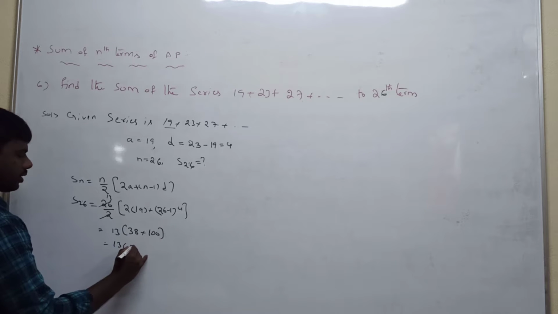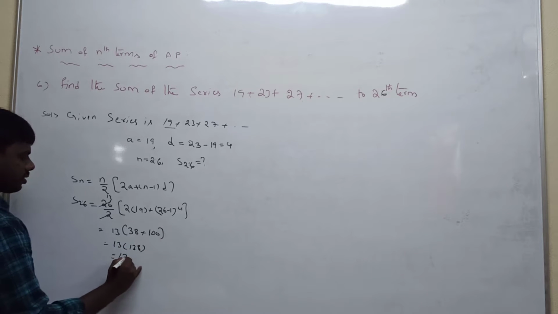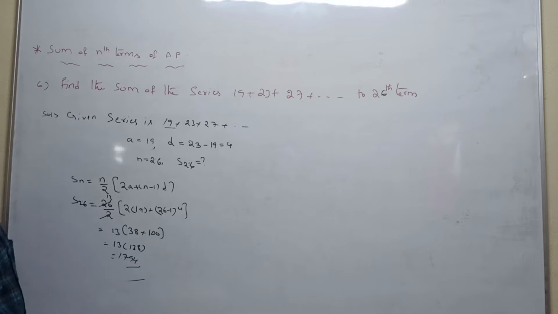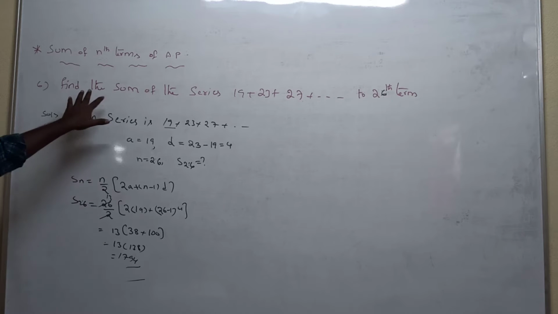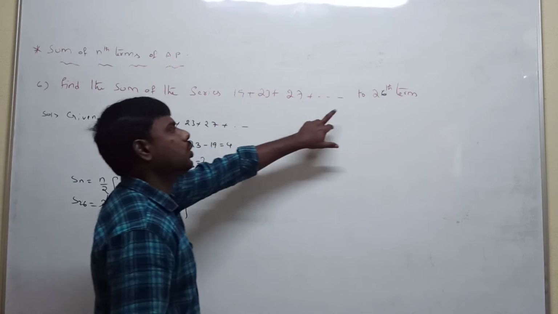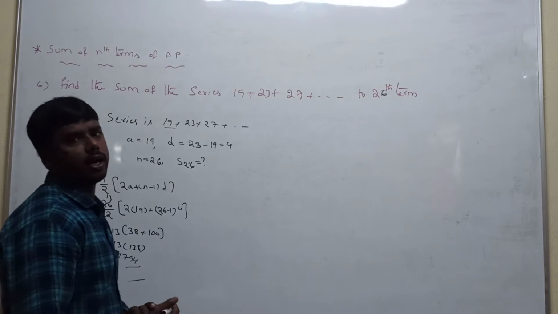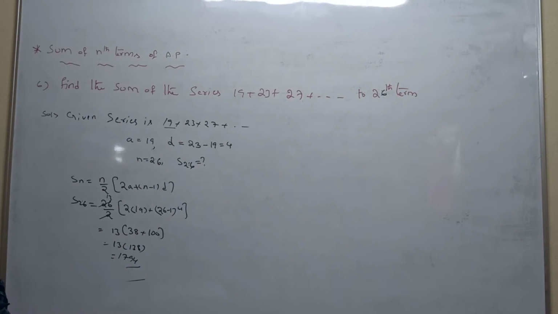Now 13 into 138 is 1794. So finally the sum of the 26 terms is 1794. What they ask is the sum of 26 terms, so we apply the sum of n terms formula.